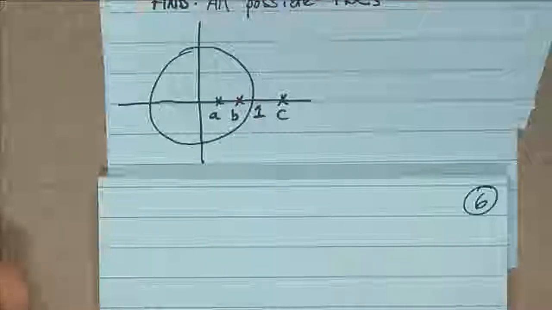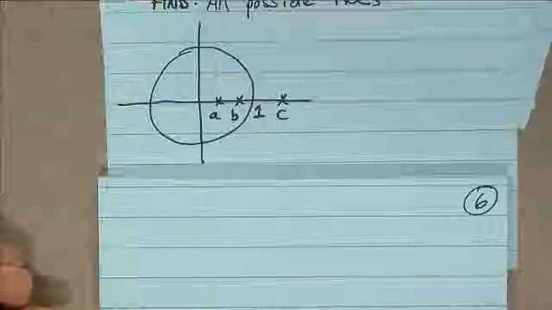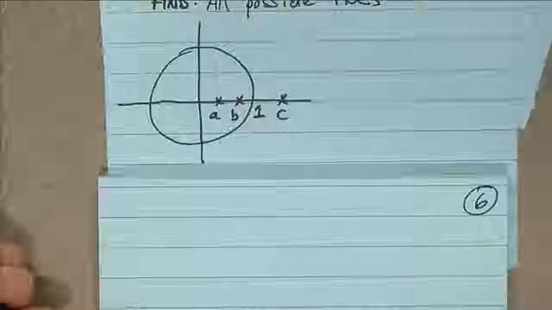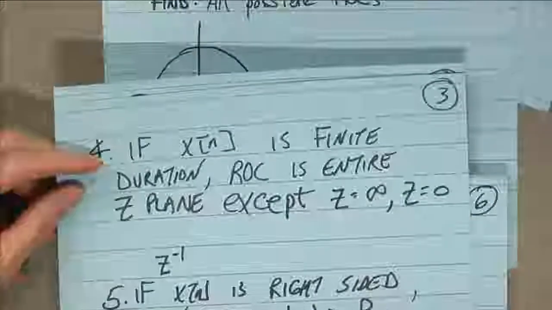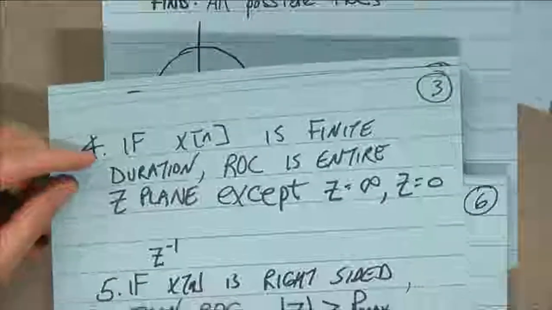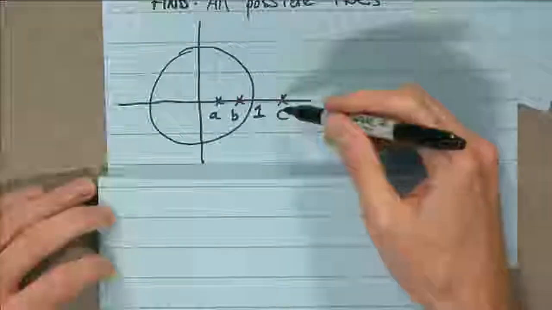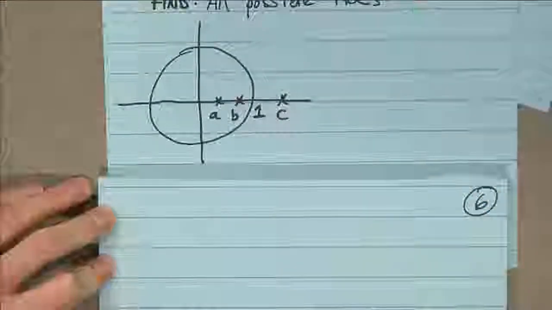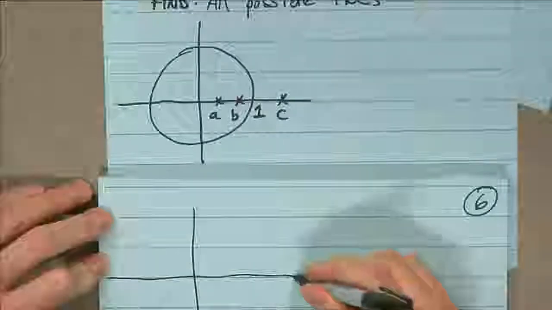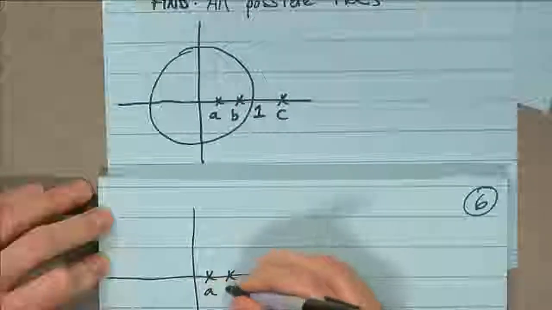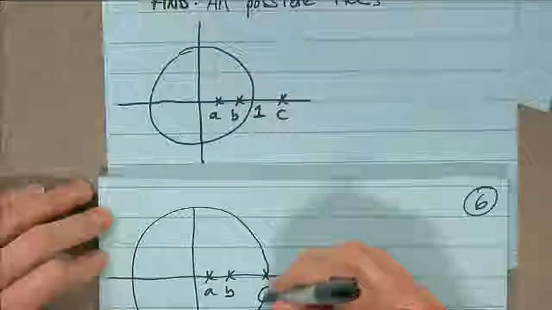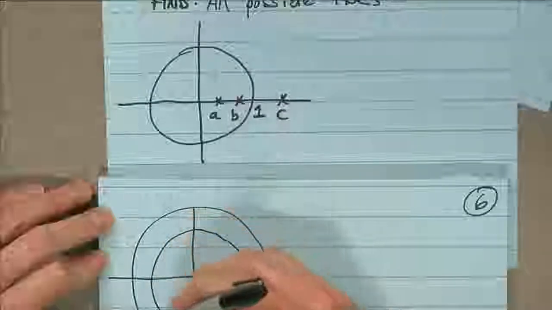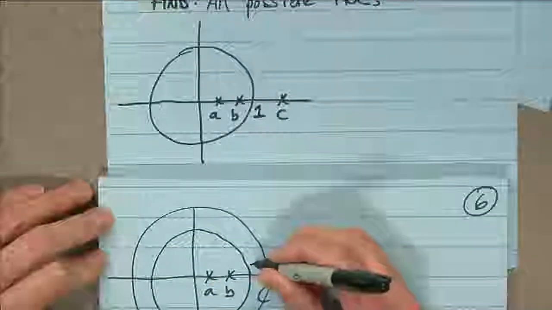Well, I'll start with the right-sided sequence. That's the most comfortable way to start. So if our rule is, if x of n is right-sided, then the ROC is magnitude of z greater than p max, where p is the maximum pole. That would be C in our case. So one possibility, A, B, C, and this is where it might get a little confusing.